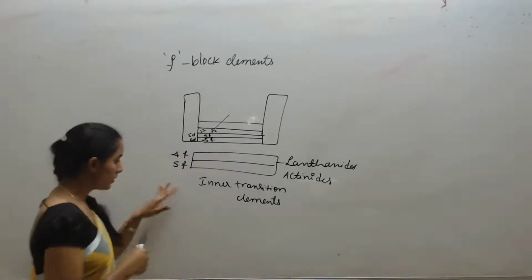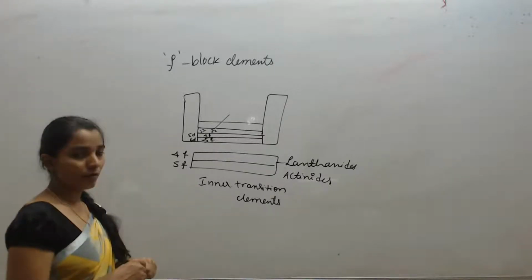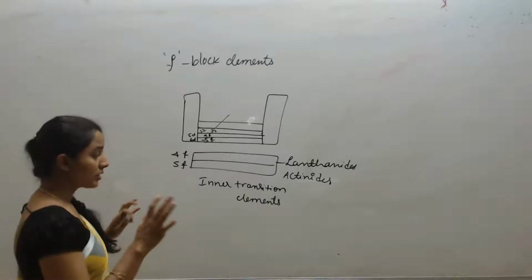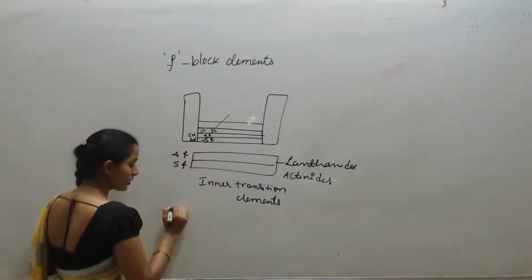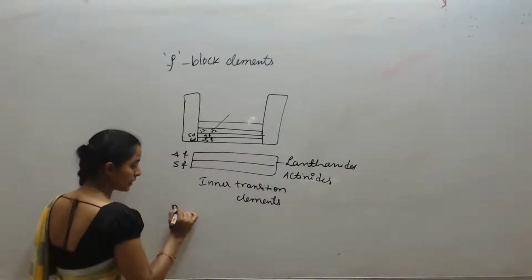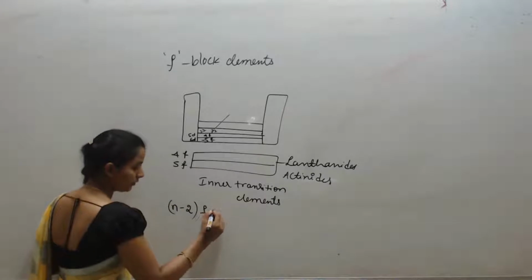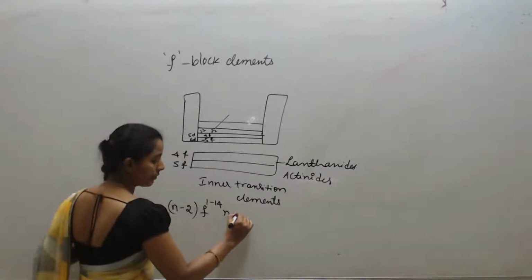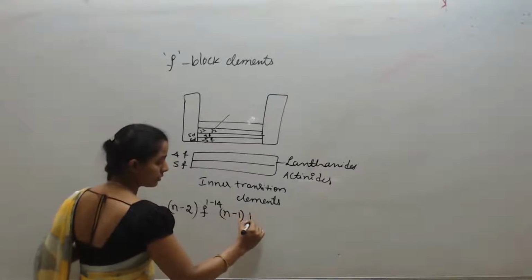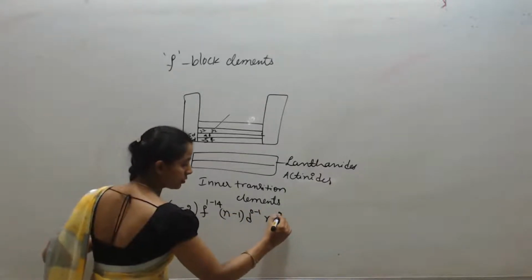Okay, students, another topic is the electronic configuration. The general electronic configuration of these F block elements is (n-2)f 1 to 14, (n-1)d 0 to 1 and ns2.